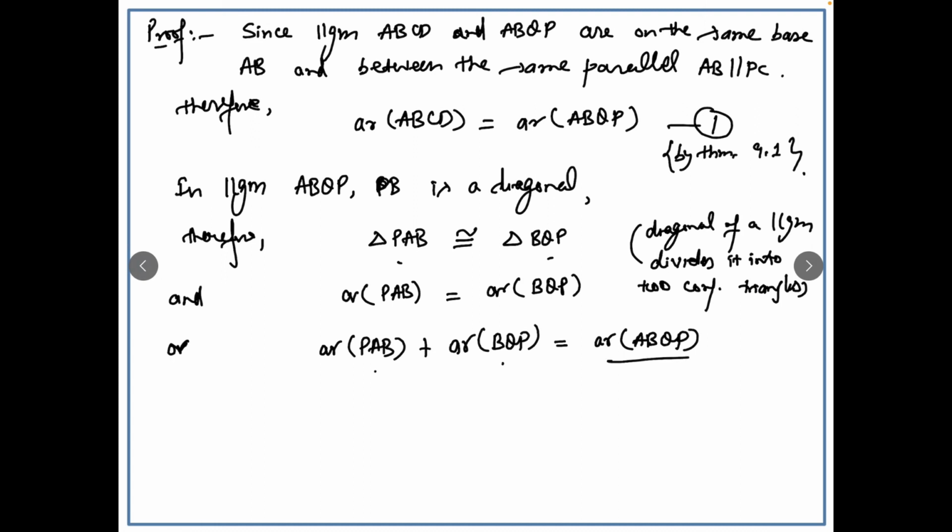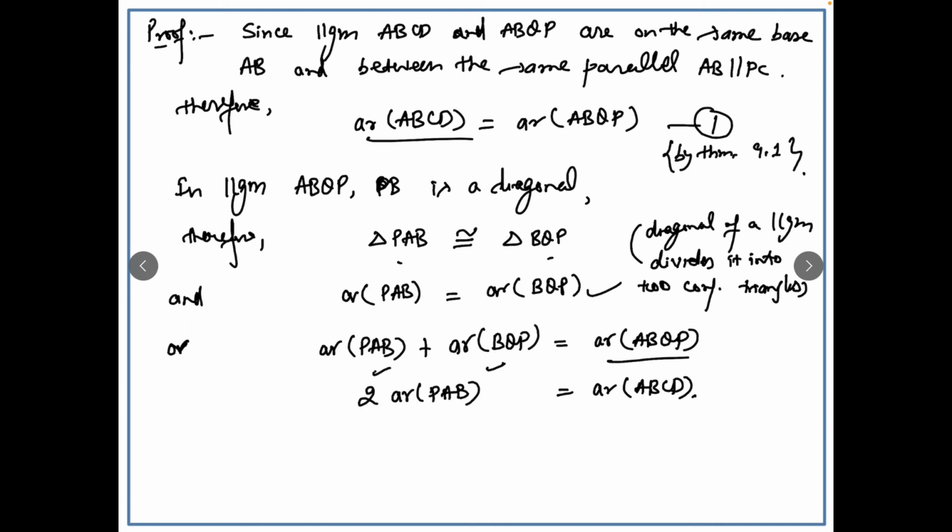Okay, and we know that the area of ABQP is equal to the area of ABCD, so in place of ABQP we can write the area of parallelogram ABCD. Since the areas are equal, as given here, we can write this as twice the area of PAB.